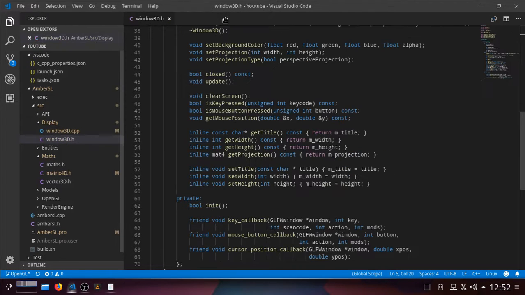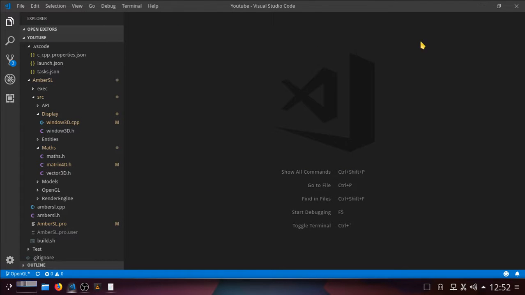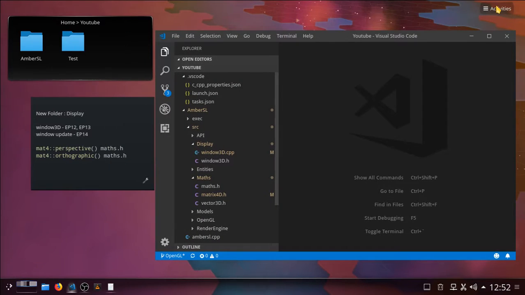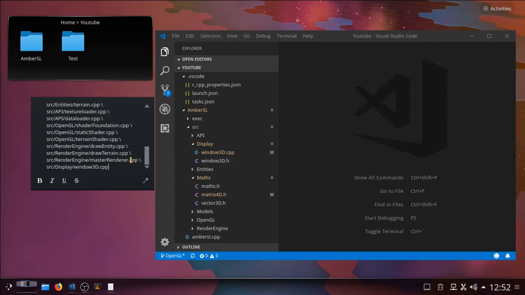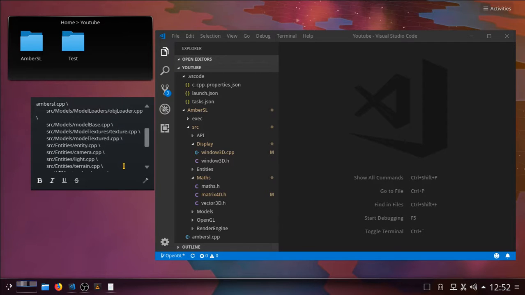Window3D is complete. I think I should do these in reverse order, you know. Control V. Yeah, I think I'm going to do them in reverse order. No, I'm not. Otherwise I'll forget how to do the first part. Oh, wouldn't that be funny?